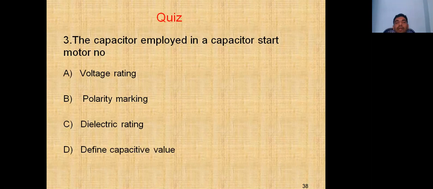Option A, voltage rating. Option B, polarity marking. Option C, dielectric rating. Option D, define capacitor value. Answer: polarity marking.